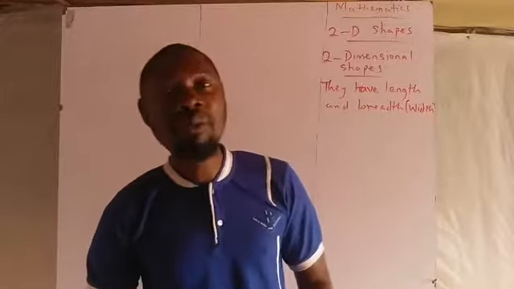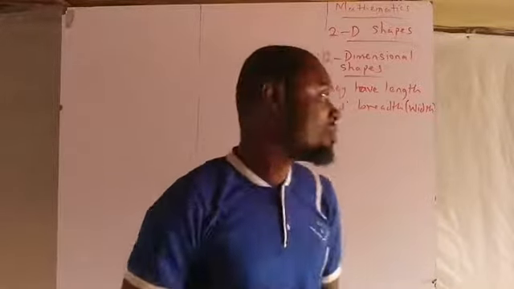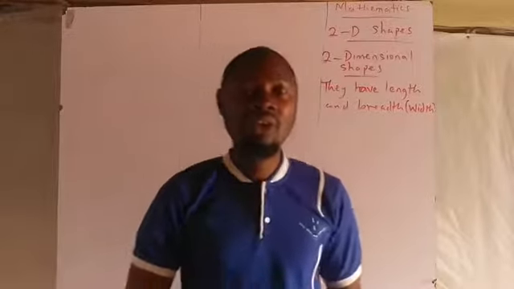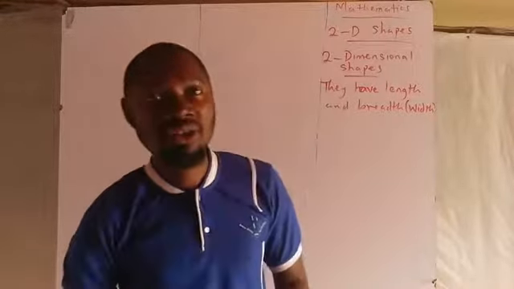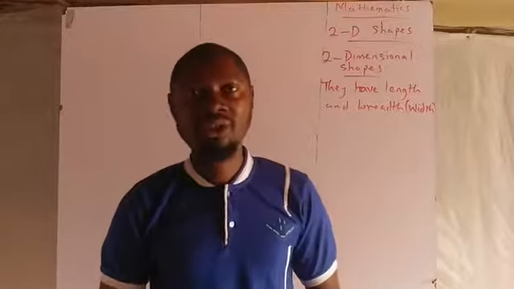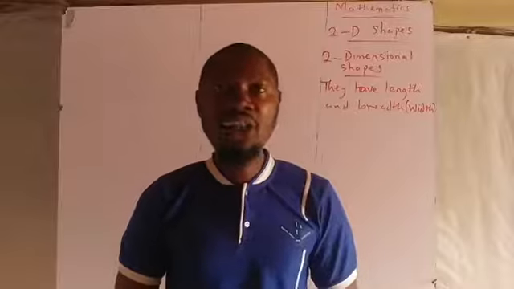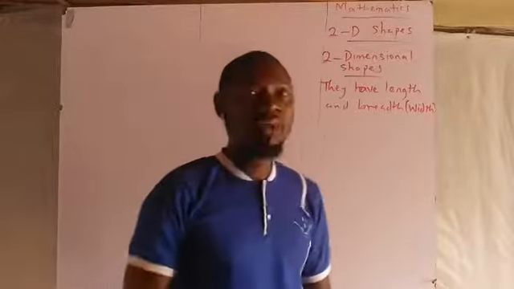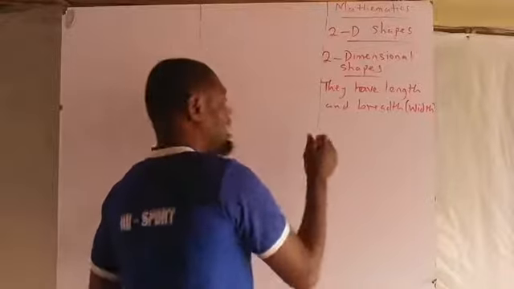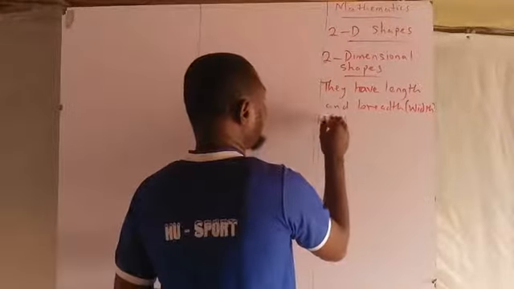Examples of two-dimensional shapes are trapezium, square, rectangles, circles, rhombus, and triangles. All these types of shapes are called two-dimensional shapes.